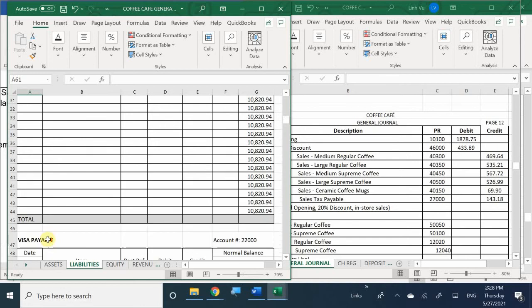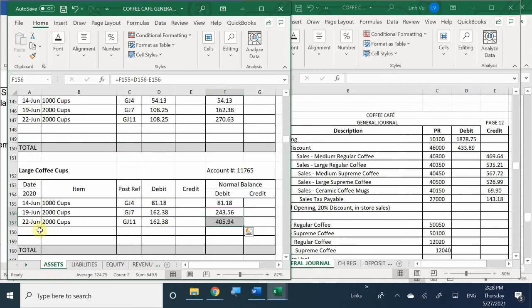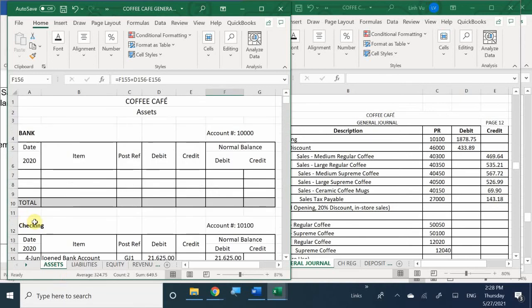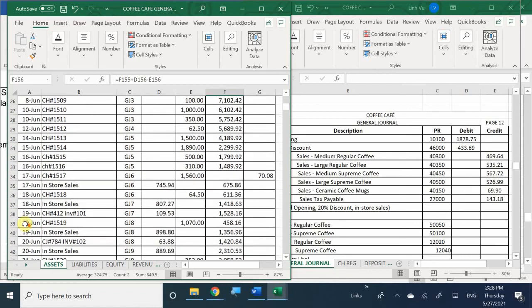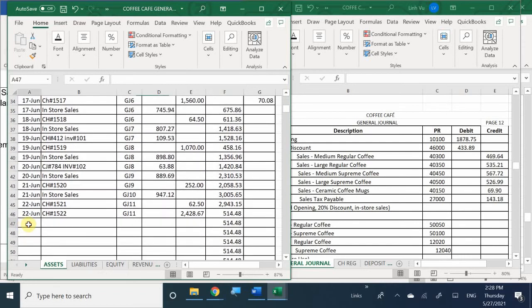General Journal 12. I'm going to add some money, $1,878.75. Brings our running total to $23.93.23.